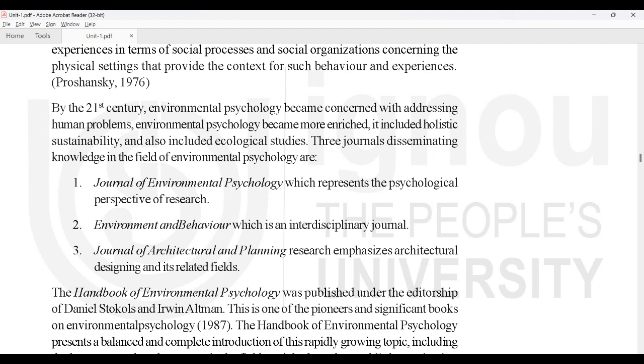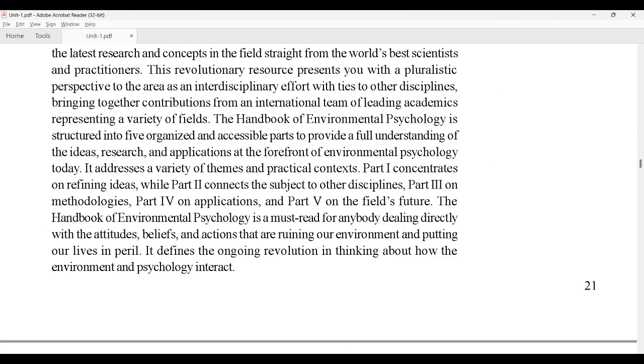The Handbook of Environmental Psychology was published under the editorship of Daniel Stokols and Erwin Altman. This is one of the pioneers and significant books on environmental psychology. The Handbook of Environmental Psychology presents a balanced and complete introduction of this rapidly growing topic, including the latest research and concepts in the field straight from the world's best scientists and practitioners.